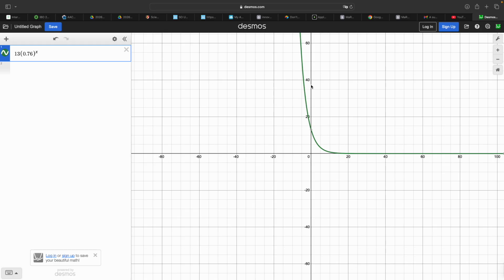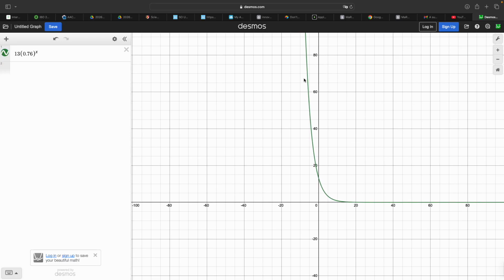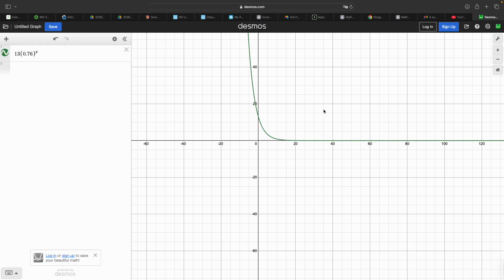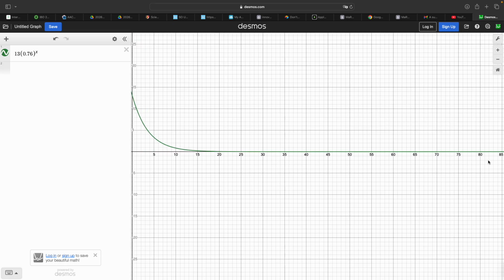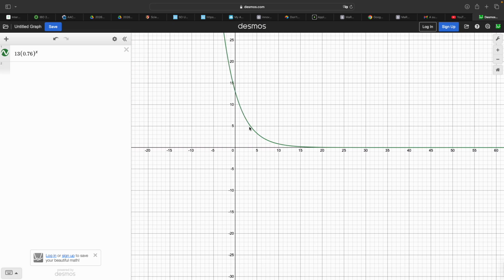This graph is going from positive infinity all the way down to this small number, but it's never touching 0. It approaches 0 but usually never reaches it at all. So that's what an exponential function is.